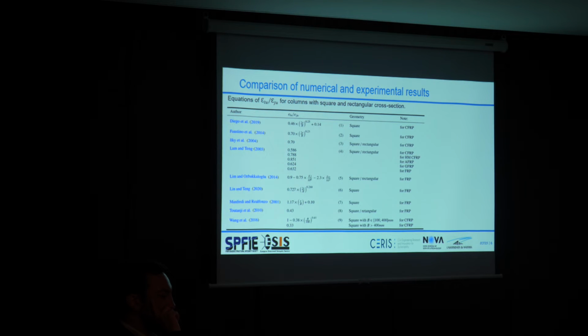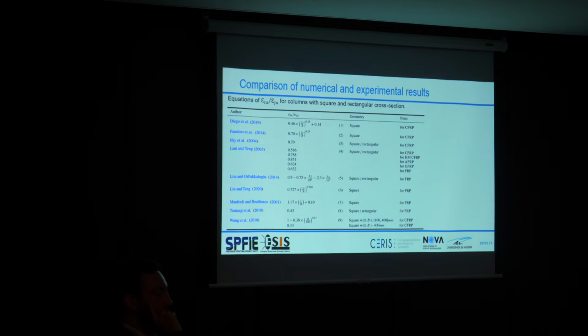In other cases, as in Lima and Oshibach-Lobo, this reduction of the ultimate strain takes into account the Young's modulus of the FRP and the unconfined concrete strength. In the other cases, they are influenced by a geometric parameter, 2r/b.